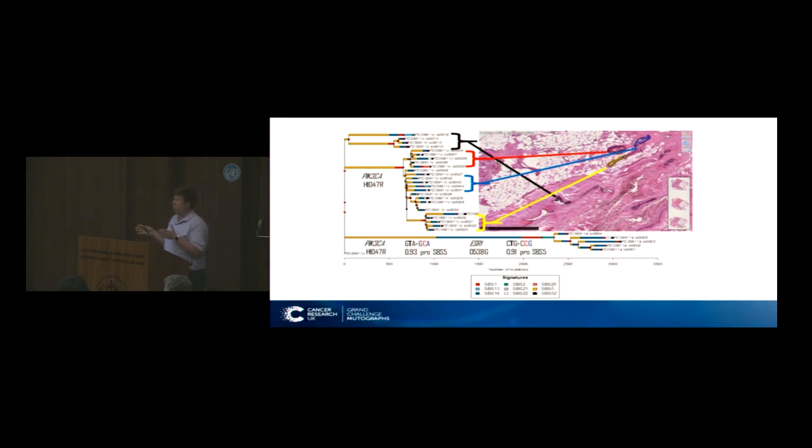These samples tend to be more clonal than comparable ones. And in this is an area here which is slightly metaplastic, and then an area over here, which has been targeted sequenced, not whole genome, which is why it's not on the tree, that looks completely normal. So we have maybe some evidence of this leading to expansion and possibly driving a little bit of change over there, but more to investigate moving forward.